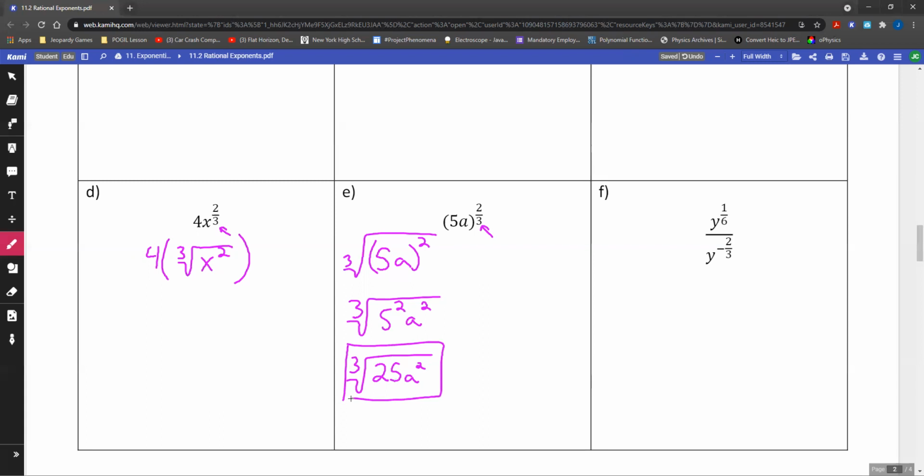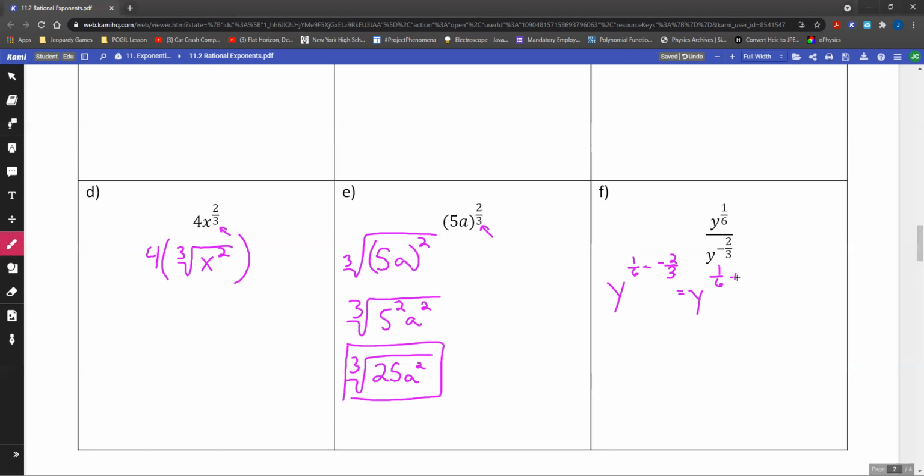All right, over here, I don't want to actually get rid of this negative because I'm going to have to subtract these. So I'm going to do 1/6 minus 2/3. Again, the minus and negative actually means I'm going to be adding these exponents.